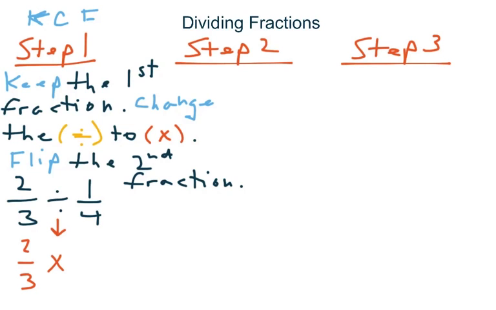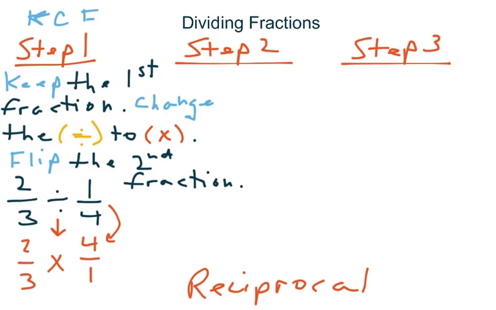When you flip it, you actually call it finding the reciprocal. Kind of a tricky word to say, but when you find the reciprocal, you flip the numerator and the denominator of a fraction. So instead of 1/4, it's going to look like 4/1. That's the reciprocal part of our fraction. So that's our first step, our long first step.